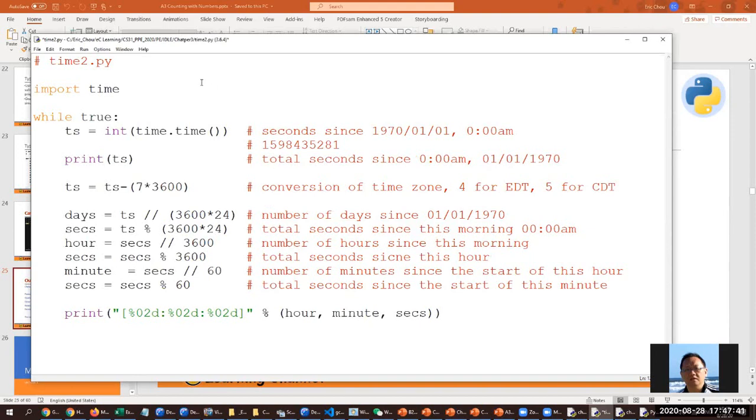So after I print, I'm going to do time.sleep 1 second. Sleep 1 second and then let's see.